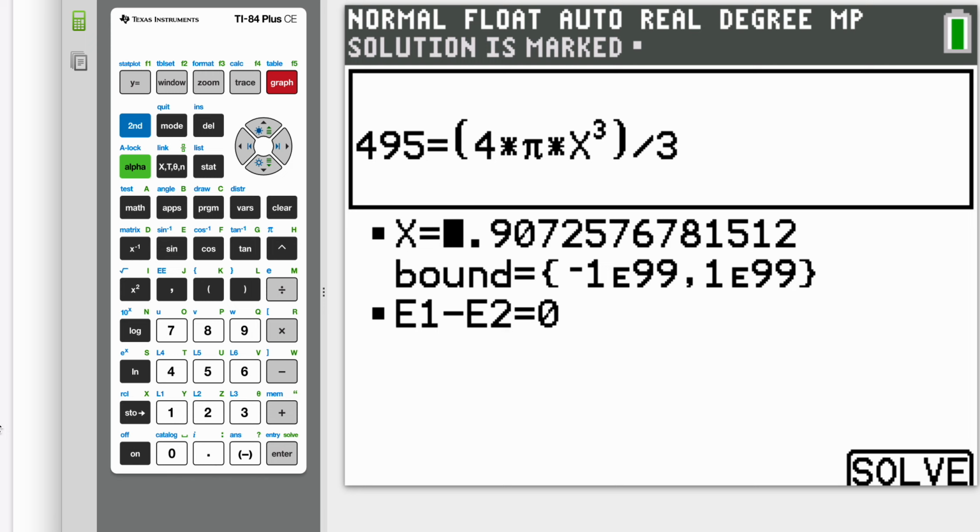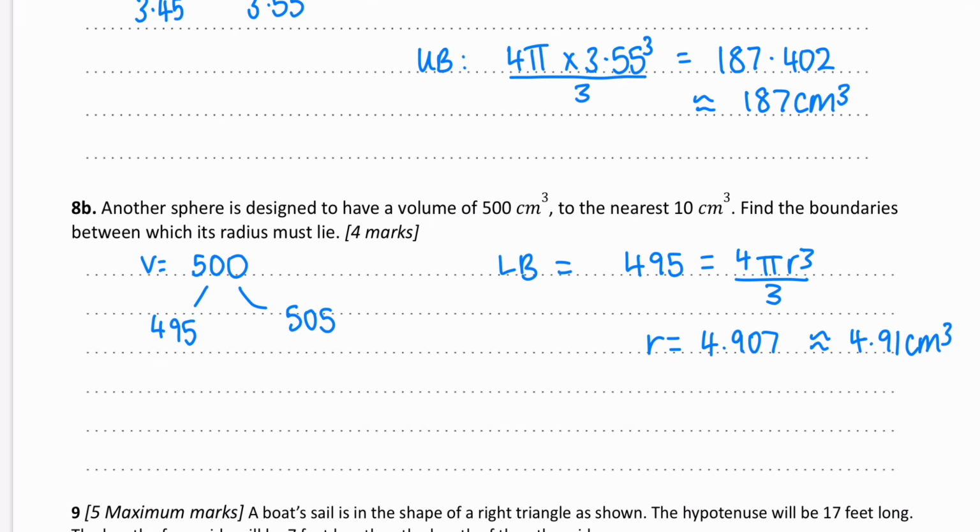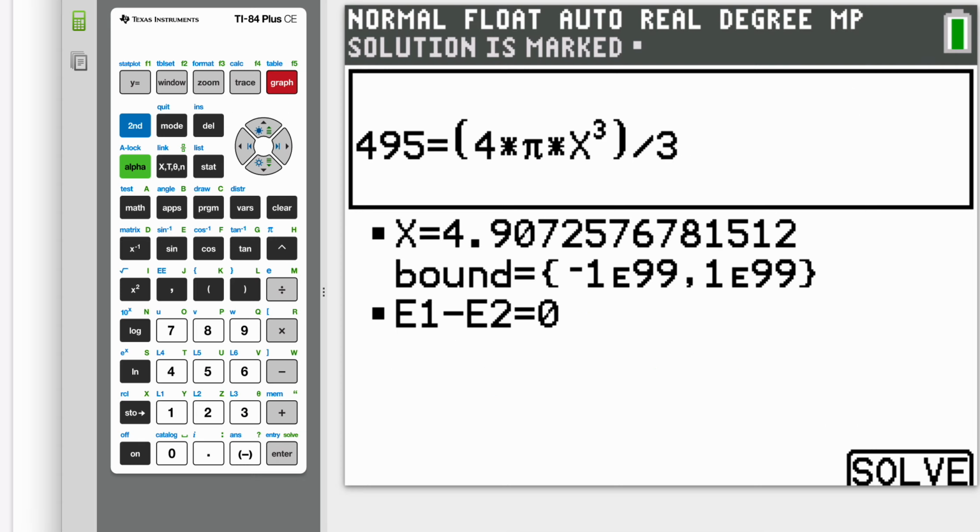And now I'm going to do the same again, this time for my upper bound. So for my upper bound, this time the volume is 505, and it's equal to 4 pi r cubed over 3. And again, I'm going to need my calculator to find what that might be.